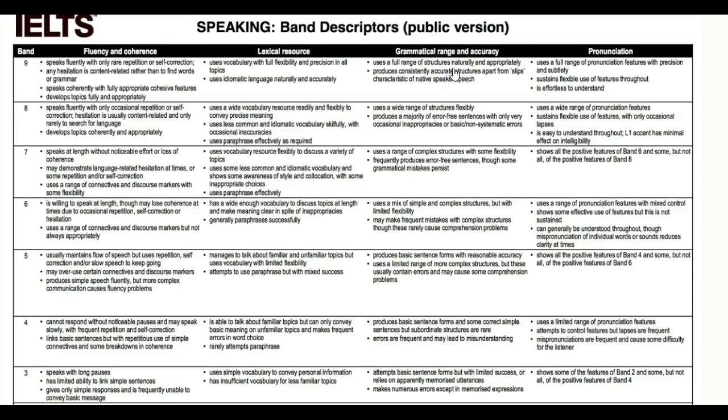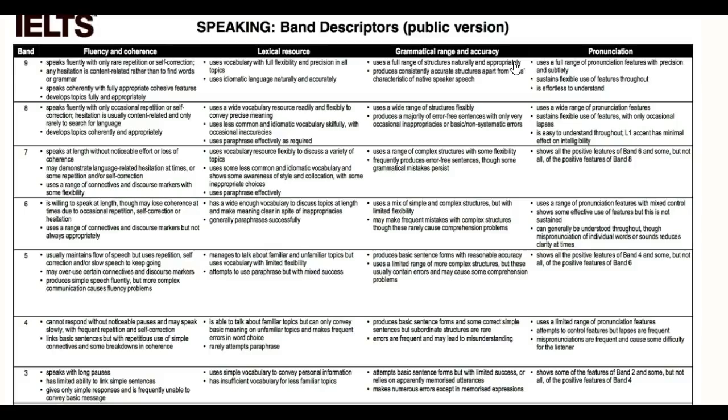At the 9, you're using a full range of structures naturally and appropriately. Now this is a person who doesn't have to think about grammar. This is a person who just speaks and just goes with it and doesn't have to think to him or herself, okay, well, I'm using a conditional here, so which tense must come in my result clause?